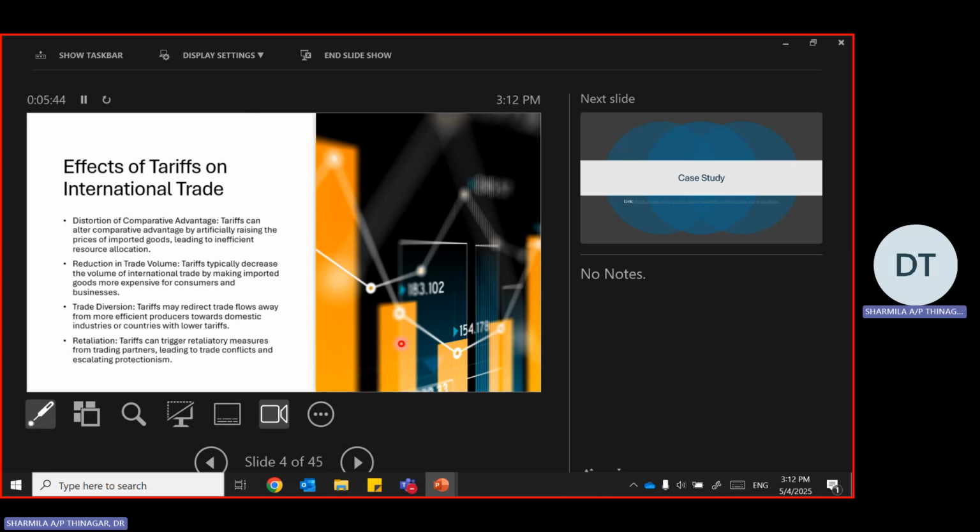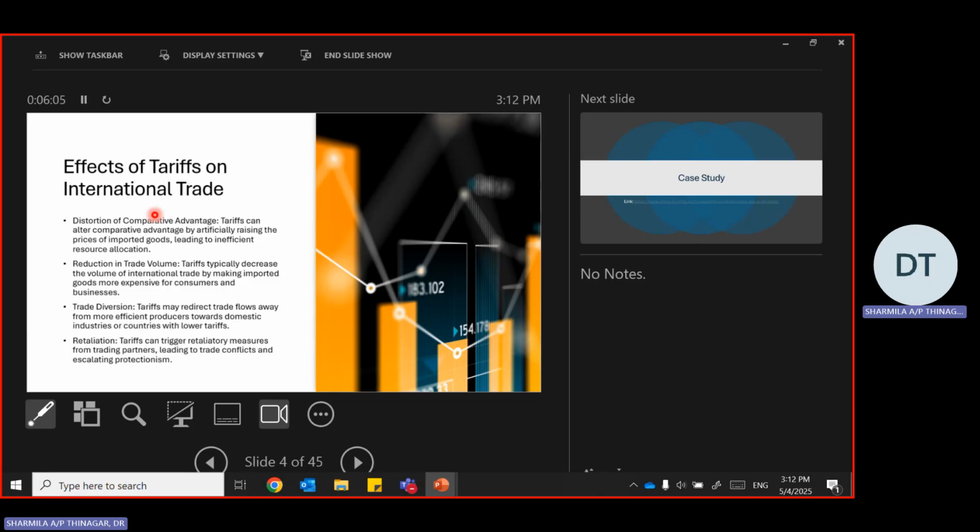So the effects of tariffs on international trade. Okay. So obviously it will affect comparative advantage. Why is it affecting? Because you already know that this country is going to specialize in this, so the other country is going to import from this country.